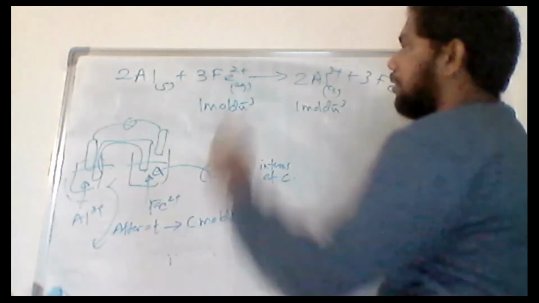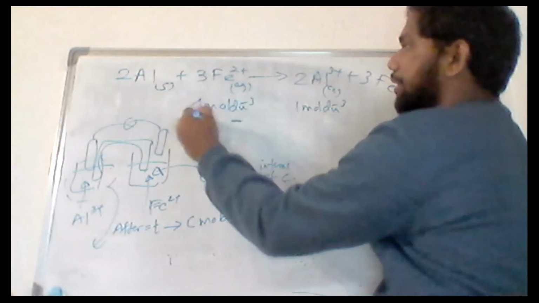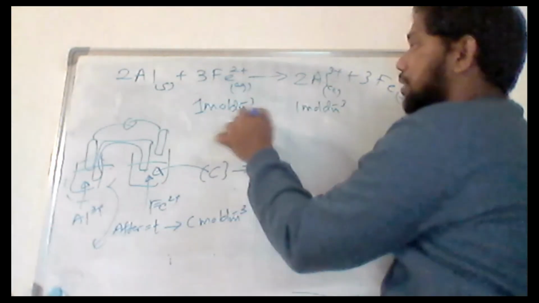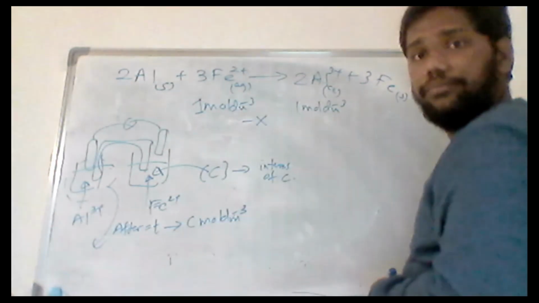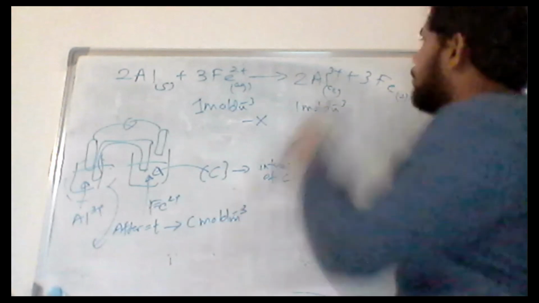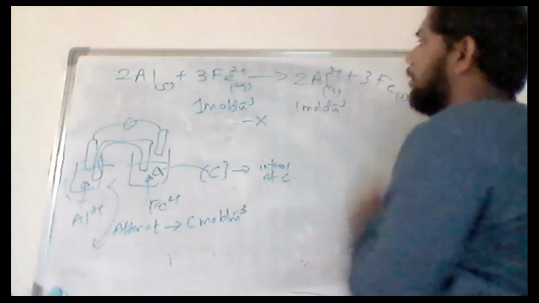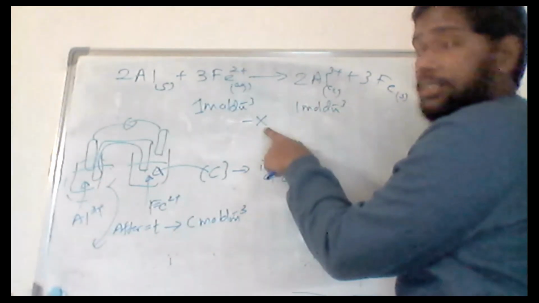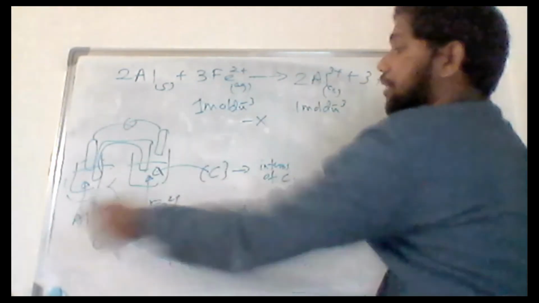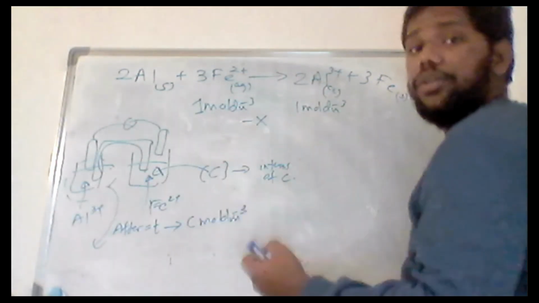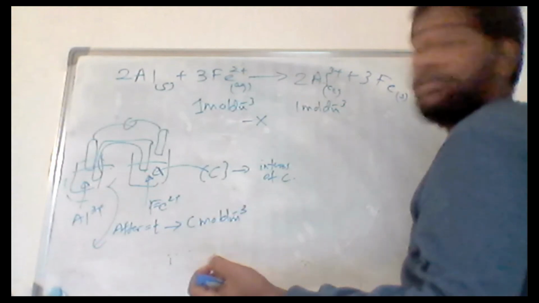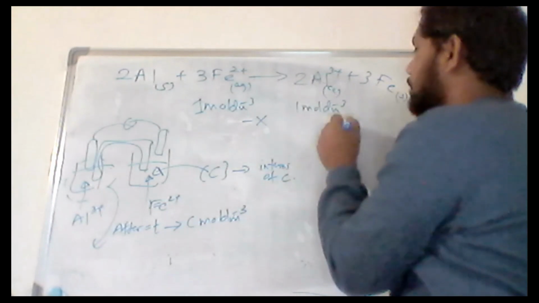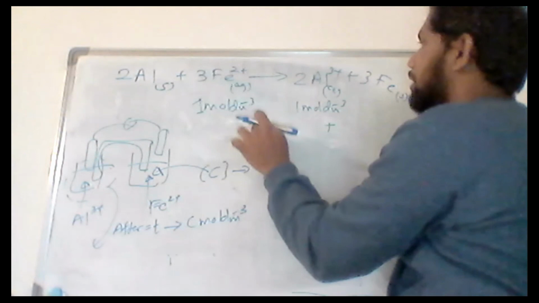So initially here the concentration is 1, and let's say the reacting amount is X, for example. We don't know. So what should be the amount that is forming here? Because this is the amount that is going to react. So what is the amount of aluminium 3+ that is formed? This should happen according to the stoichiometry of the reaction, right? So the amount X is reacting.